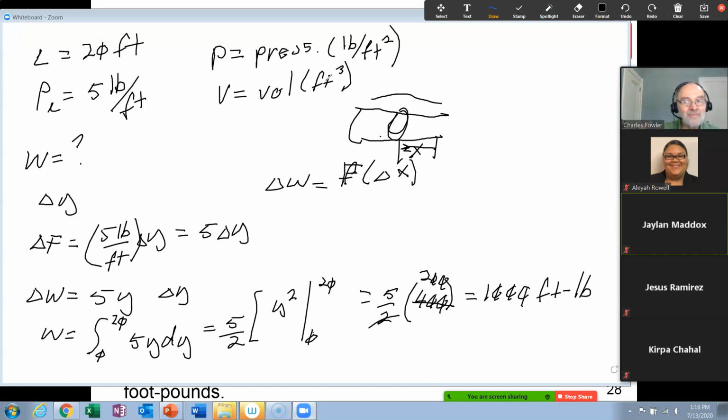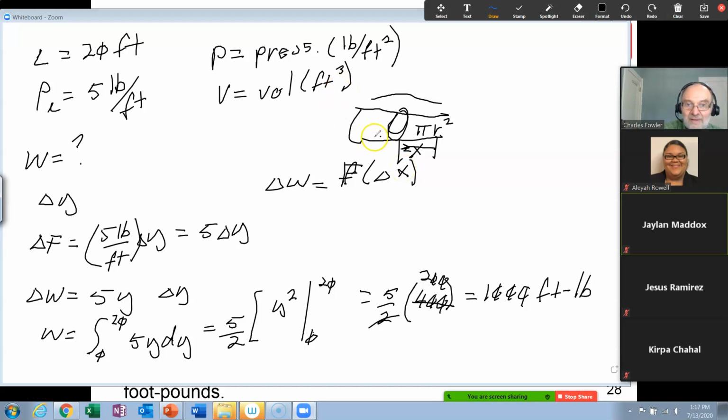But now remember, the volume is varying. That's what's changing. The pi r squared, that's the radius here, that's not changing at all. That's fixed. The area of this is pi r squared. They didn't tell us what the r was, but that's pi r squared. That's not a variable.